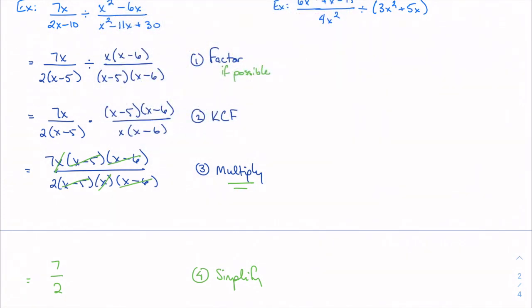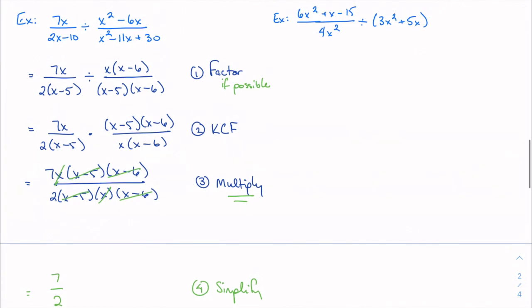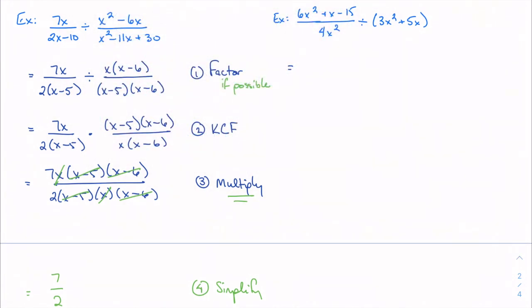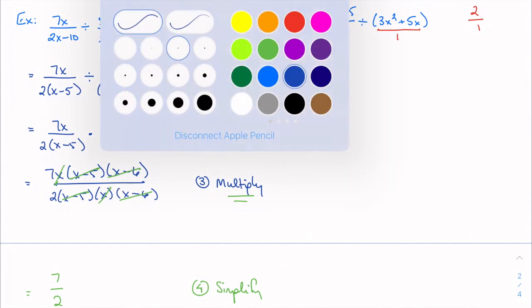Over here on my right-hand side, one quick thing to note is that any whole number can be written over 1. 2 can be written as 2 over 1. The same thing is true of a polynomial. This is like saying 3x squared plus 5x all over 1. It's helpful in division to think about it that way. So factor if possible.